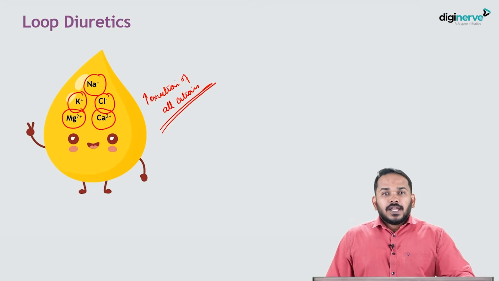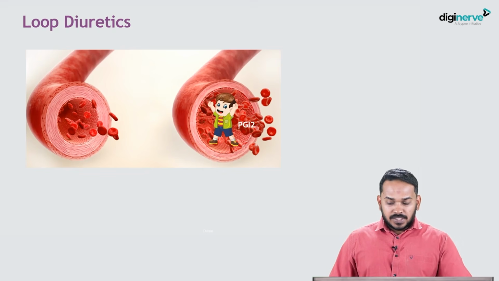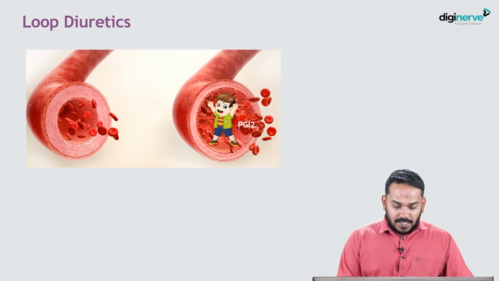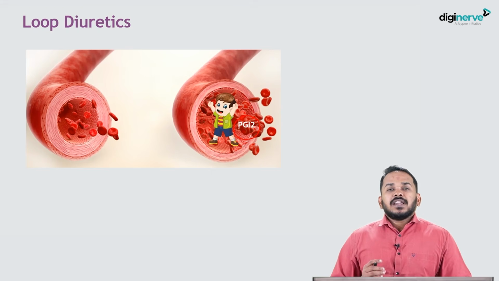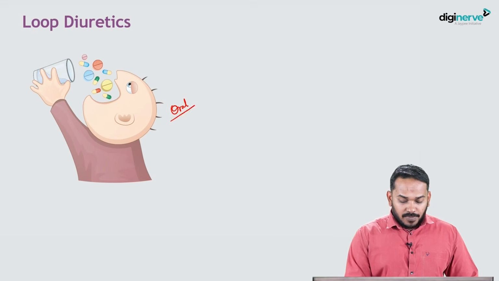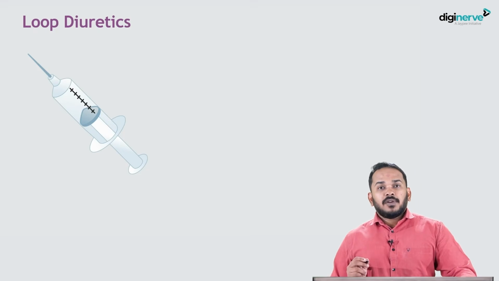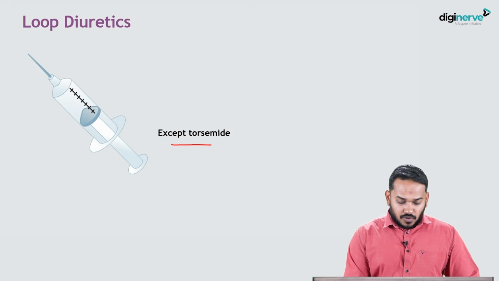Loop diuretics also produce vasodilation by producing prostaglandin I2 or PGI2. So this PGI2 will dilate the blood vessels and can produce vasodilation. All the loop diuretics can be given as an oral formulation. Intravenous formulations are available for all except torsemide.